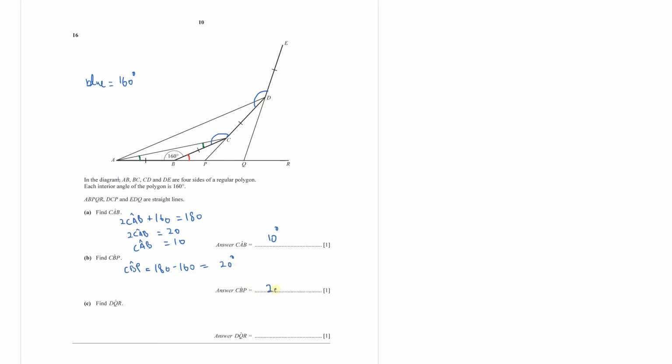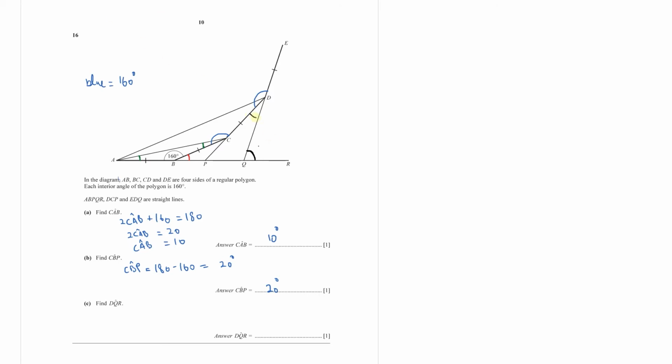So you get 20. The last part is find angle DQR. DQR is this angle. To find DQR, we can first find this angle here.